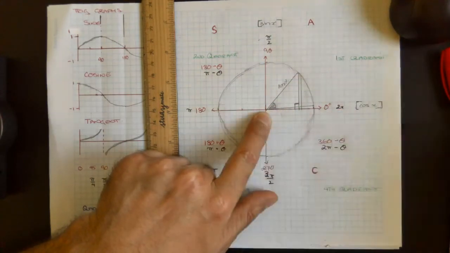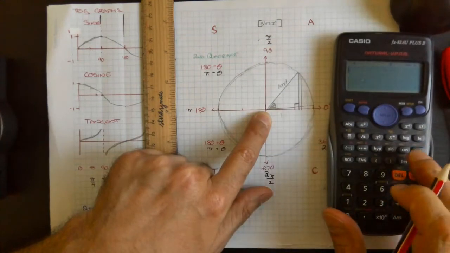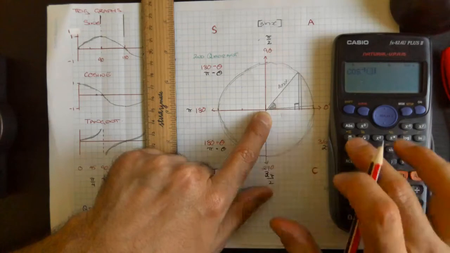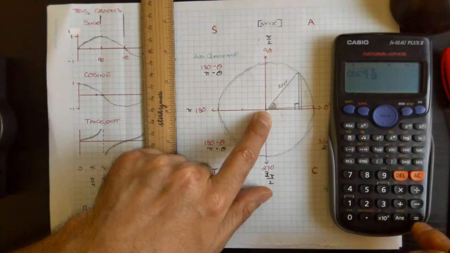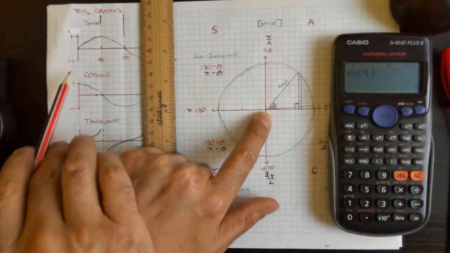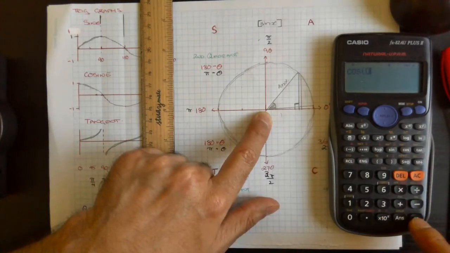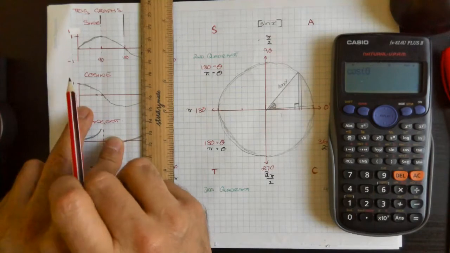So if we had cos of 1 over 1, we get 0. So cos of 0, we get 1.